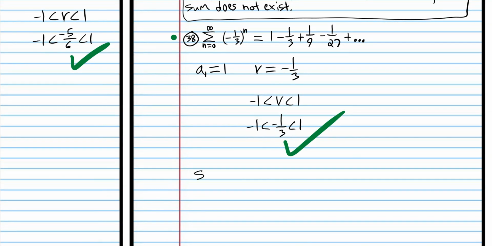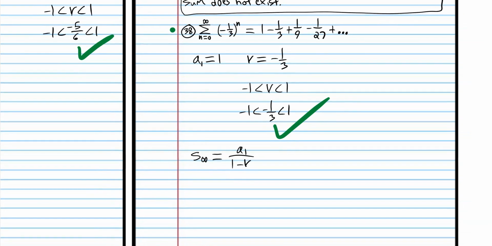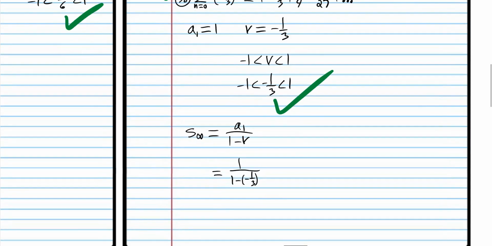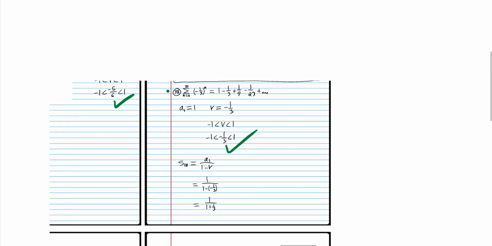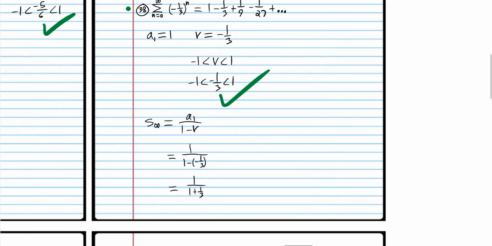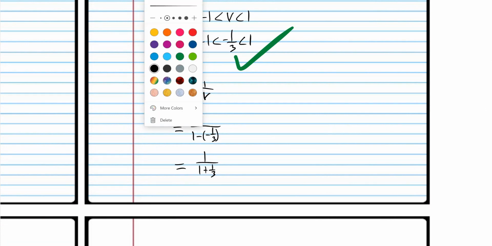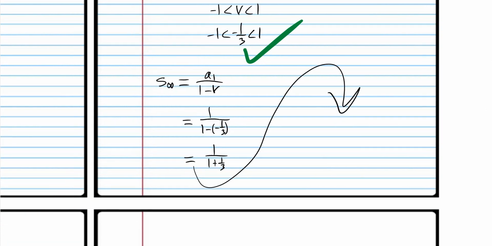Let's use our formula. The sum is the first term over 1 minus the common ratio, and the first term is 1, and the common ratio is -1/3. So let's simplify. We have 1 over 1 plus 1/3, and we're out of space, so we can use an arrow.